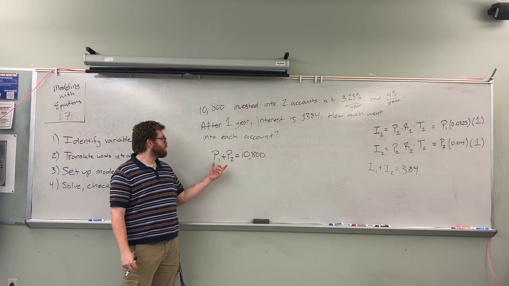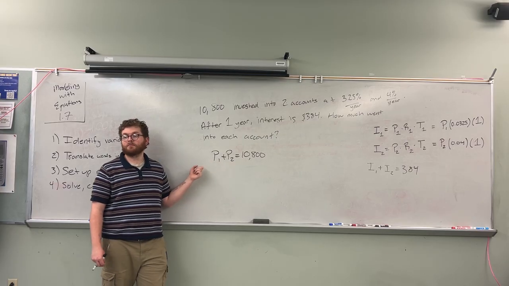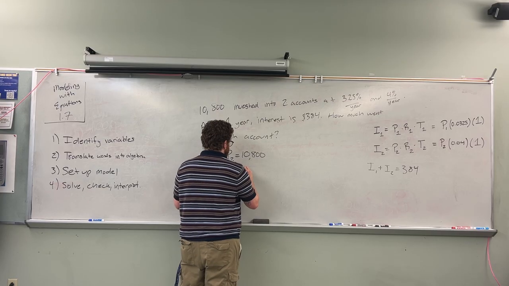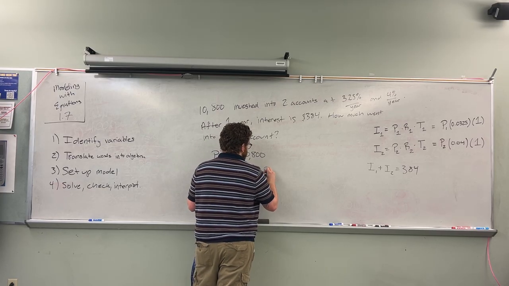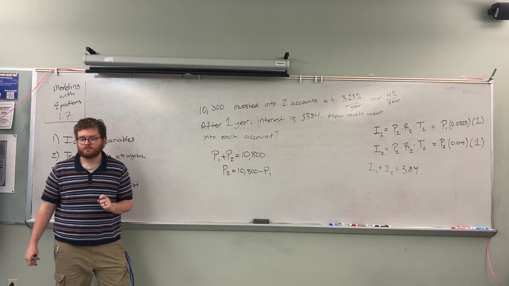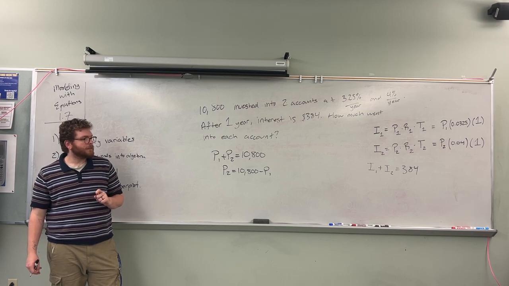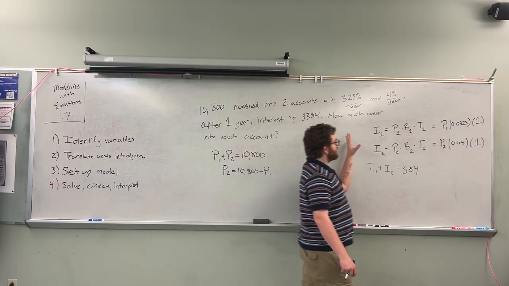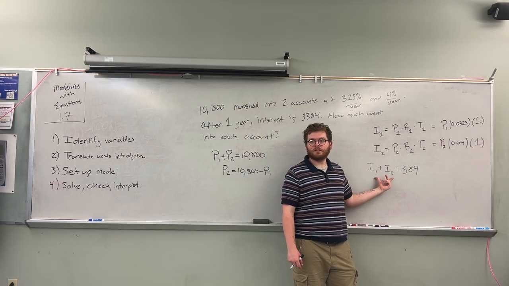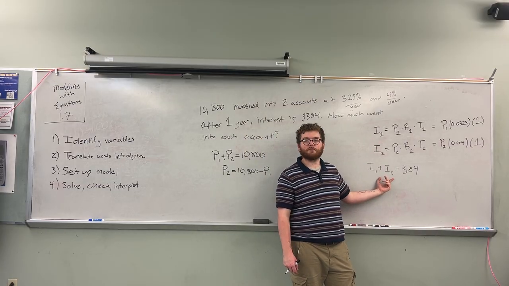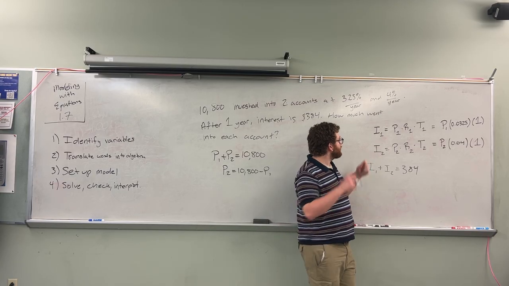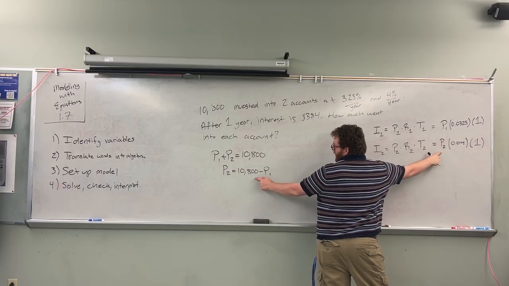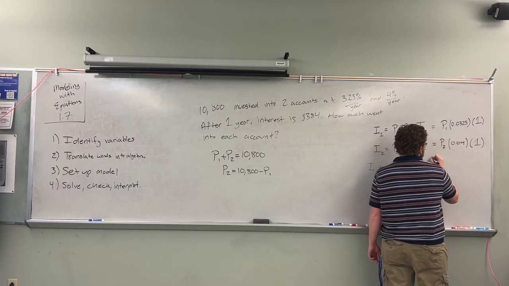That means I can rewrite P2 in terms of P1. P2 equals 10,800 minus P1. That seems pretty helpful. The reason why it seems pretty helpful is now I can write this equation in terms of just P1 and solve for P1. I'm going to rewrite I2 real quick. P2, I said, is 10,800 minus P1.